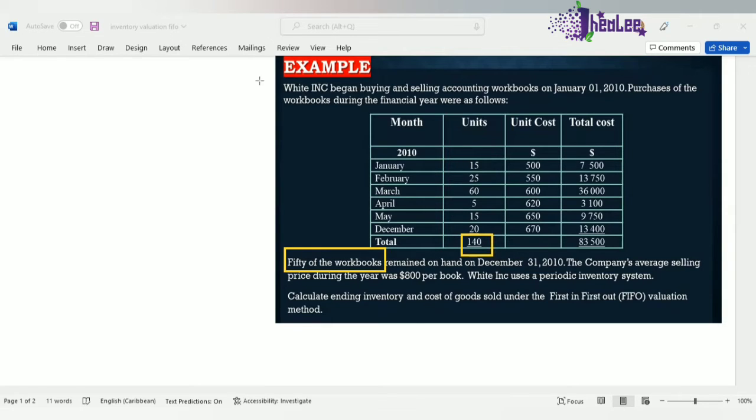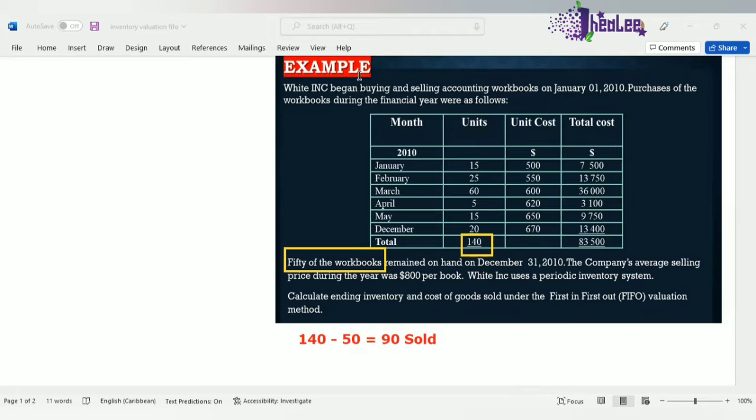And if we have 50 books remaining, it means that we can determine the number of books that were sold. So that would be the total purchase, which is 140 minus the 50 books, and this would give us 90 items sold.